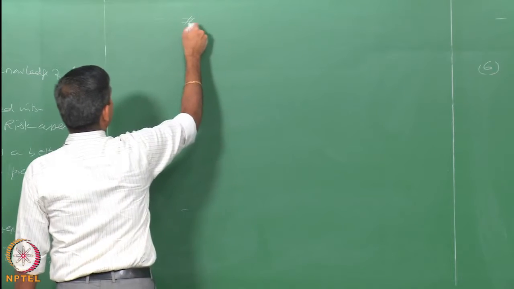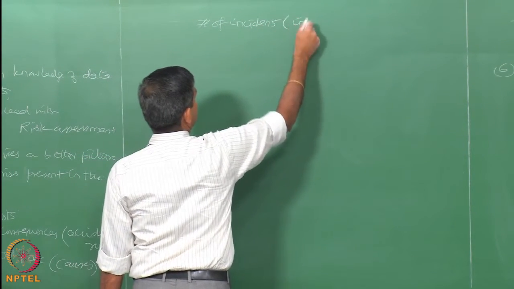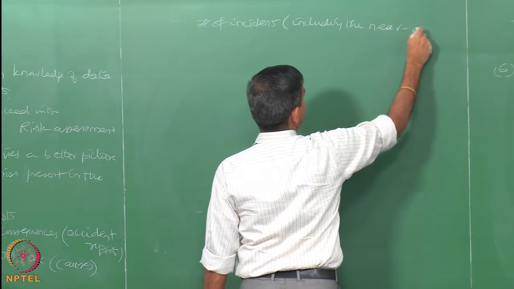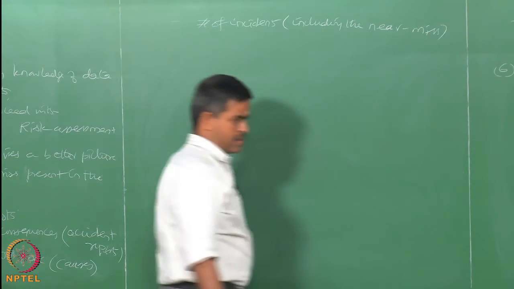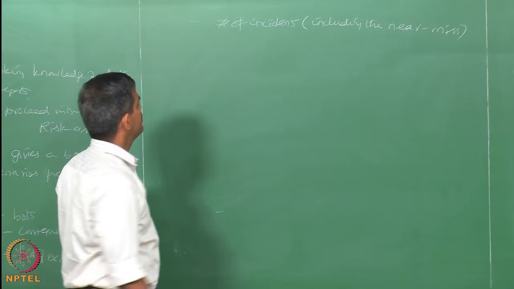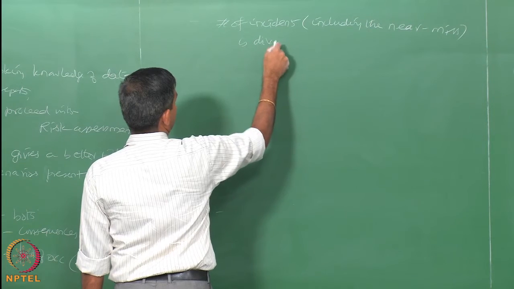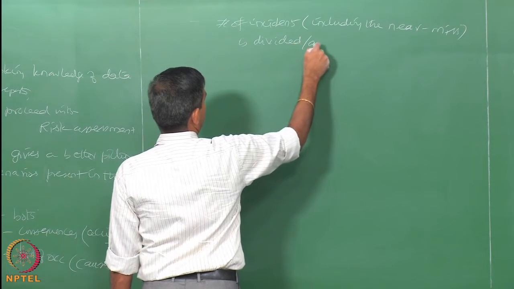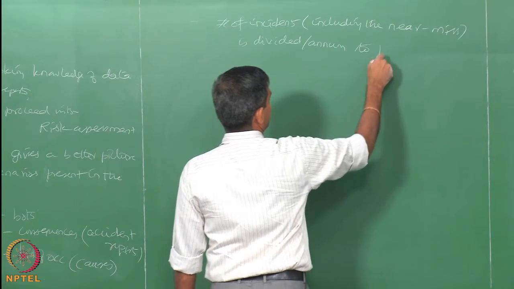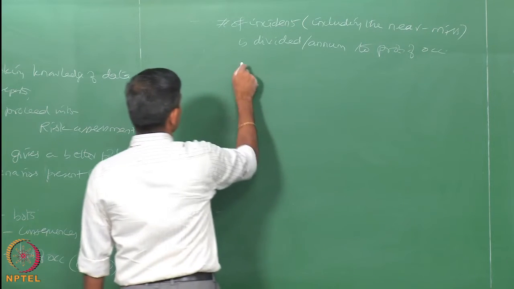Once you have the number of incidents, including the near miss events reported in the audit, then the number of incidents can be divided per annum or over a period of 1 year to find the probability of occurrence of the incident.